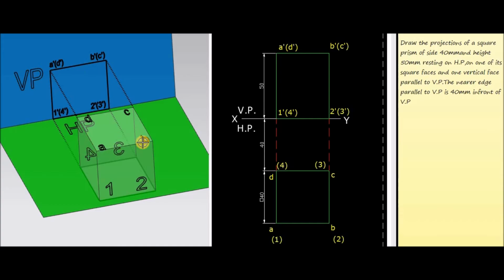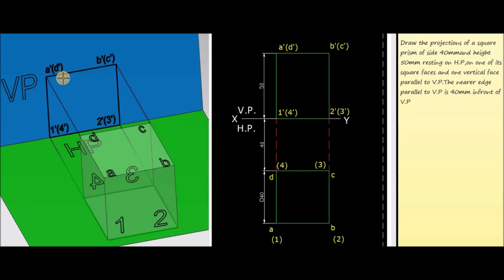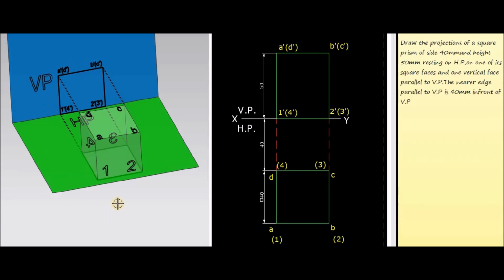Corresponding to A and B, at the back side the points are D and C. These corners are not visible from the front side, so they are represented inside the brackets as D dash and C dash.